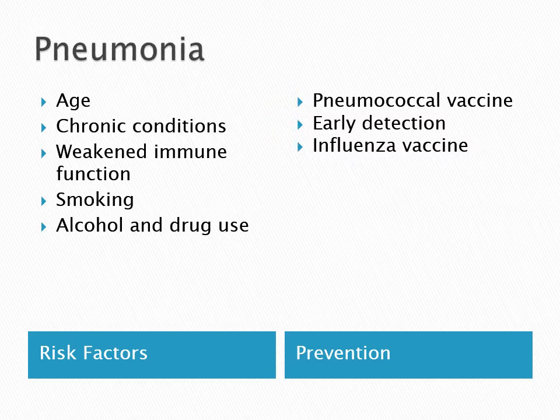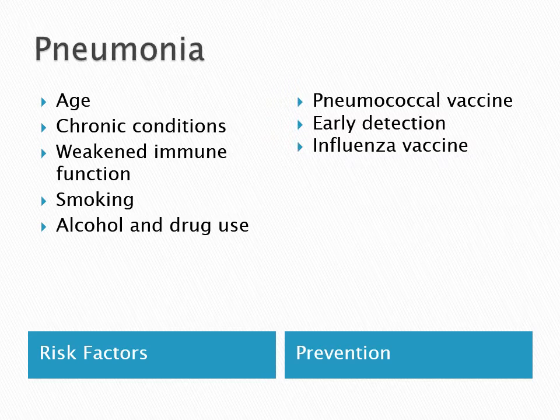As far as prevention, very similar to influenza, vaccinations play a key role in anybody that is high risk. As far as any of the risk factors associated with age, chronic conditions, weakened immune system, smoking, alcohol, and drug use, anybody that falls into that category should receive a pneumococcal vaccine, and particularly anybody over the age of 65.